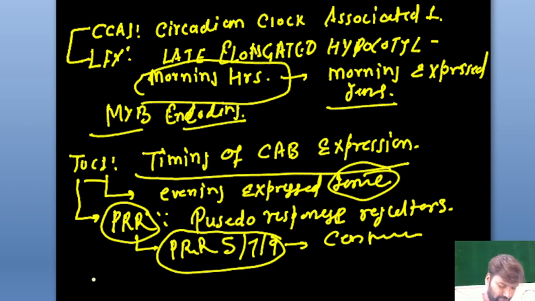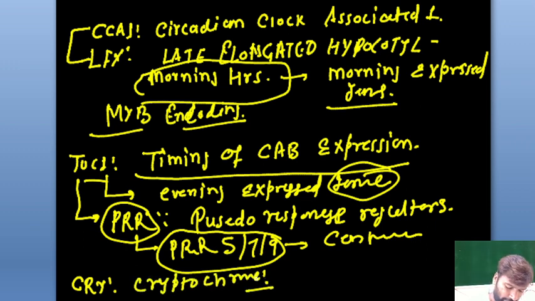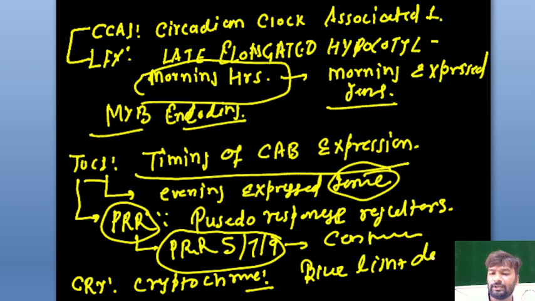and also the gene CRY, which is the gene for cryptochromes, and these are blue light dependent photoreceptors and promote flowering.